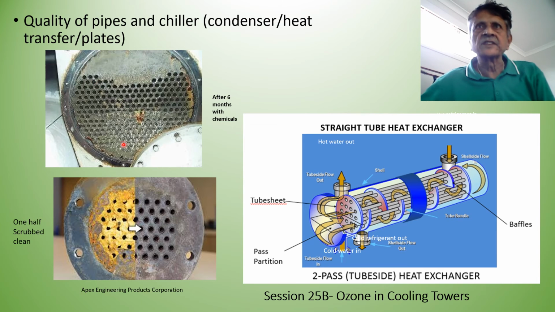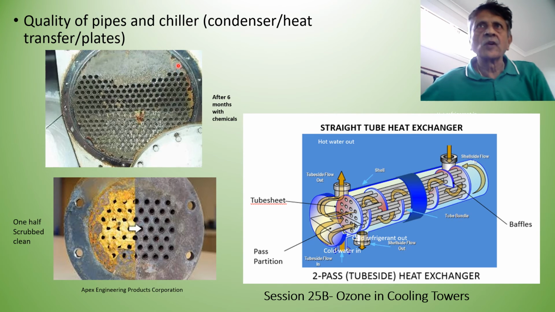These two pictures are from chemical treatment. When the chiller plate is opened, you will see deposits of scaling, rusting, and clogging of all the holes in the copper tube.